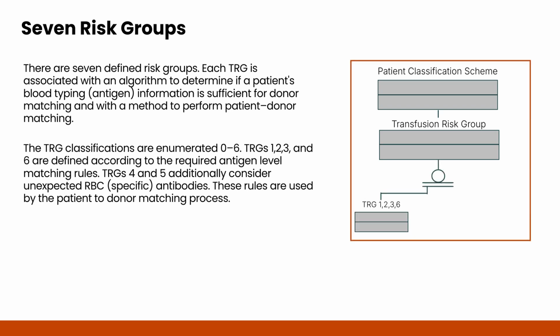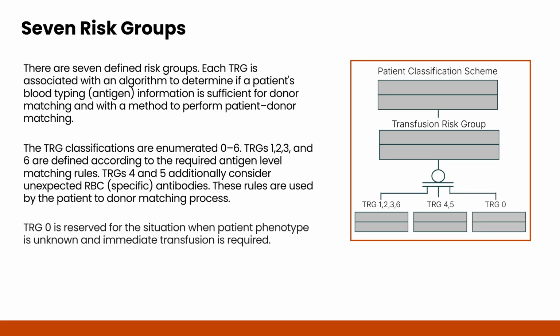TRGs 1, 2, 3, and 6 are defined according to the required antigen level matching rules. TRGs 4 and 5 additionally consider unexpected RBC-specific antibodies. These rules are used by the patient to donor matching process. TRG 0 is reserved for the situation when patient phenotype is unknown and immediate transfusion is required.